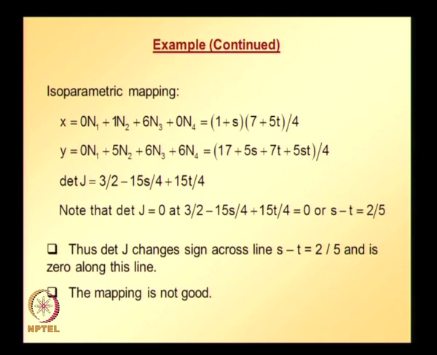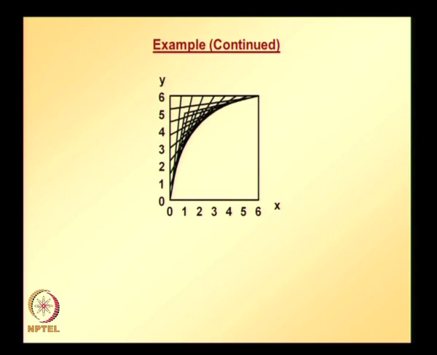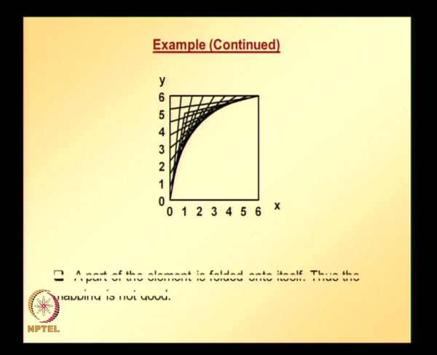The other way is we can plot x and y using MATLAB or Mathematica with a little bit of programming. So, if you plot x and y over the element domain S going from -1 to 1, T going from -1 to 1, you can easily see that a part of the element is folded onto itself.